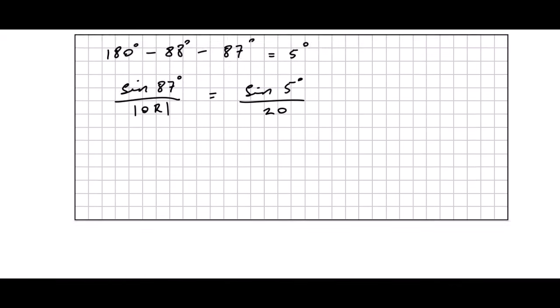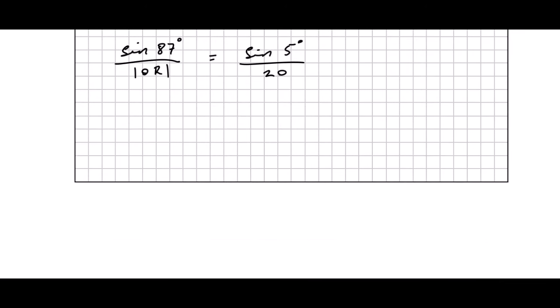So we have an equation here, we have everything in there except what we need. Again, we have a fraction equal to a fraction, so you can cross multiply here. So I can say 20 sine 87 is going to be equal to the distance from O to R multiplied by sine 5 degrees. To find the distance from O to R, just divide both sides by sine 5.